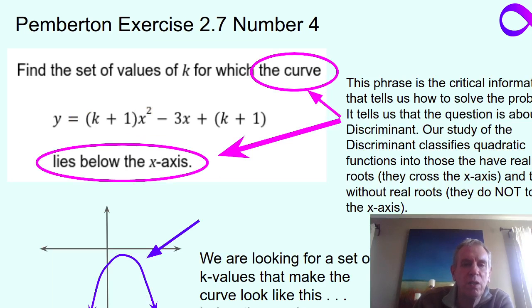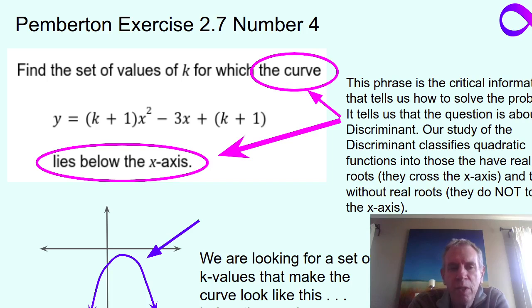So let's just talk a little bit about how we know what to do. The critical information here is that the curve lies below the x-axis. So that tells me that this question is actually about the discriminant of a quadratic function.